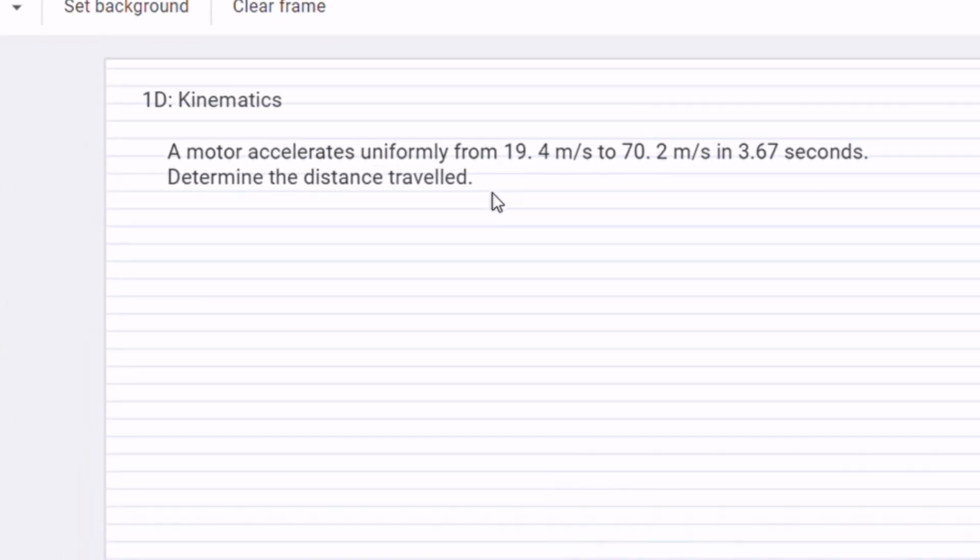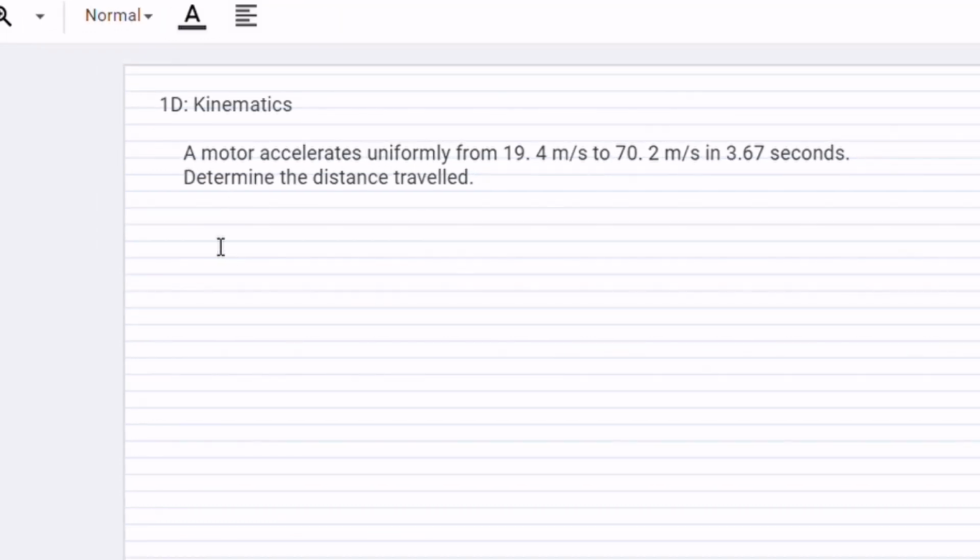Let's identify the values first, and then the equation that we're going to use. We have V0, which is equal to 19.4 meters per second.